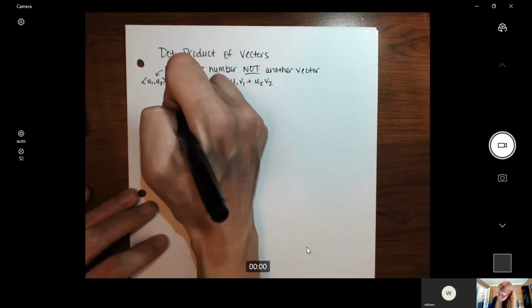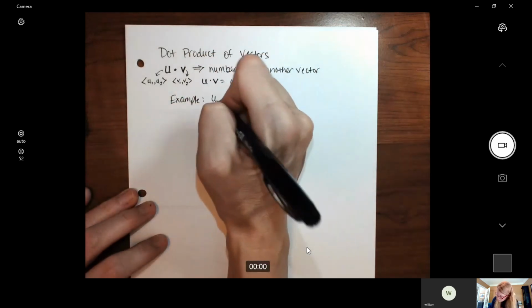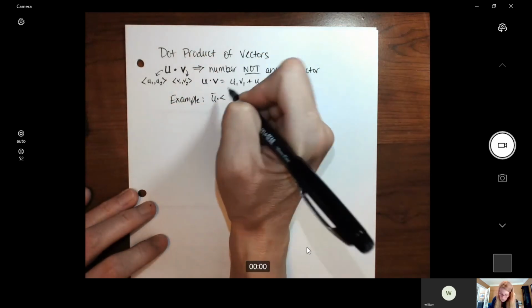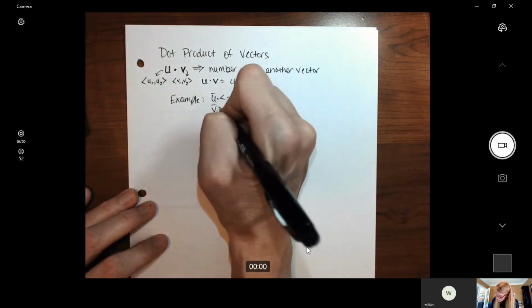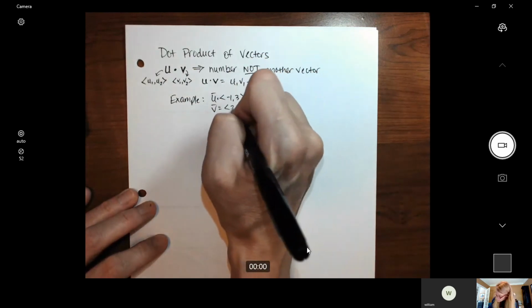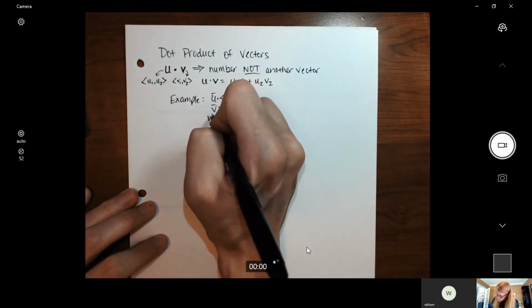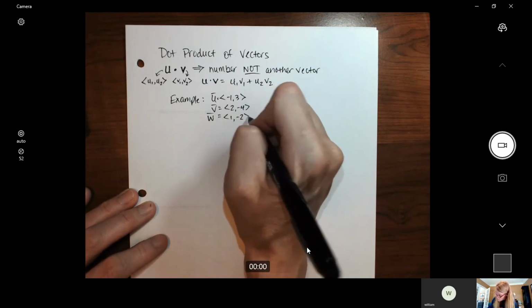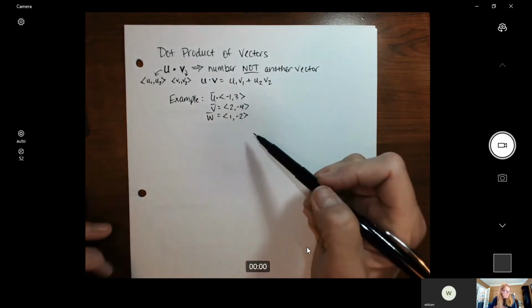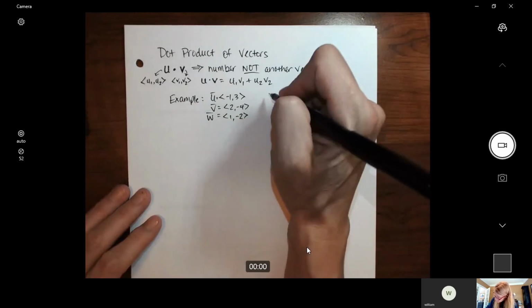So for example, if I had u was the vector -1, 3, v was the vector 2, -4, and we'll even do another one, w is the vector 1, comma -2. So those are three vectors. Let's find some dot products here.